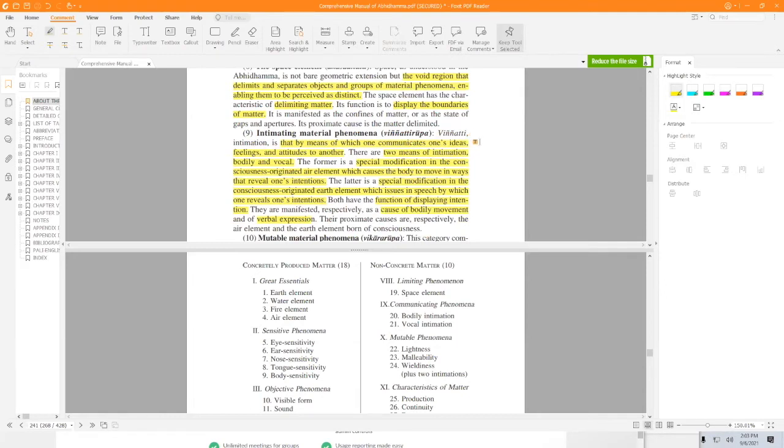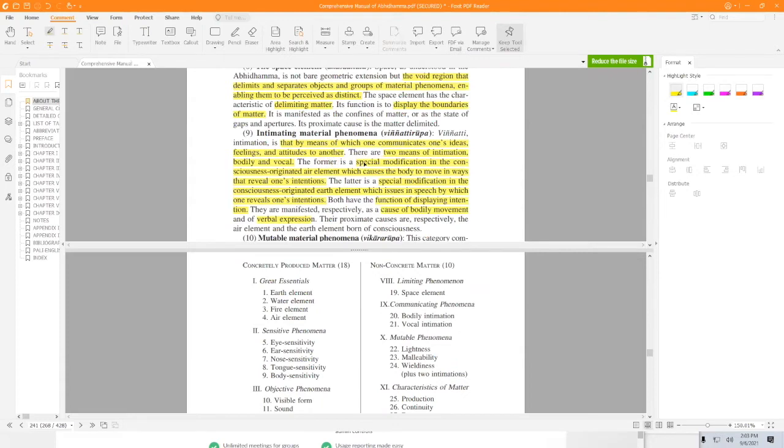Maybe another rendering might be communication or means of communication. It refers to that by means of which one communicates one's ideas, feelings, attitudes, and so forth to another. And so there are two types of intimation, bodily and vocal.